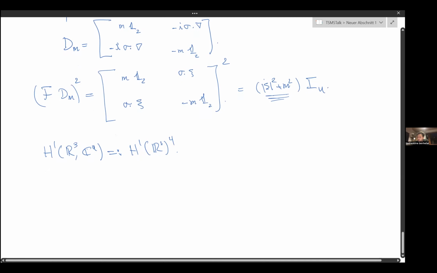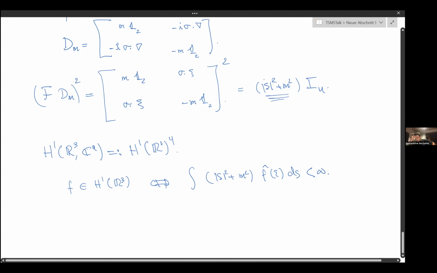And you see, since we are in R3, when you have a function in this space, that means that the integral of (xi squared plus 1, or m, a constant different from 0) times the modulus squared is finite. This is equivalent to being in H1 of R3. And since we have a vector valued function, you need to work with vectors.